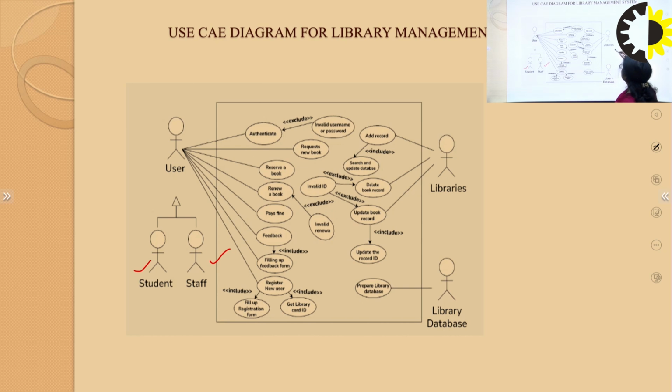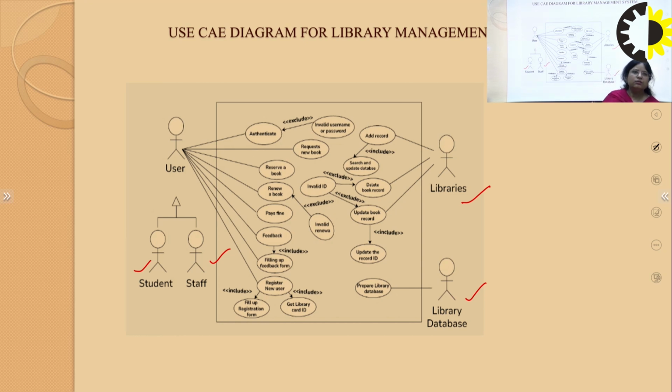Libraries and library database are the actors, and inside this different types of use cases are used, like authentication, reserve a book, renew a book, pay fine, filling up feedback form, and register new user. Whenever the register new user use case is called, by default two use cases will be opened: fill up registration form and get library ID card.